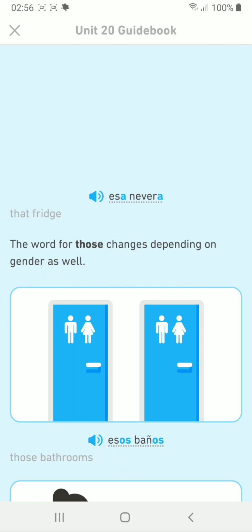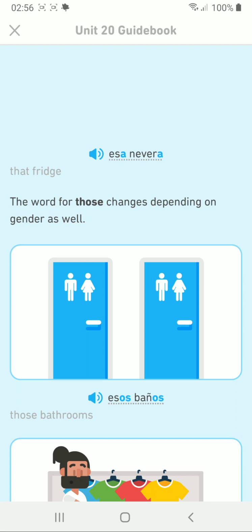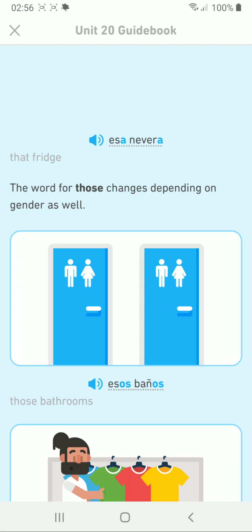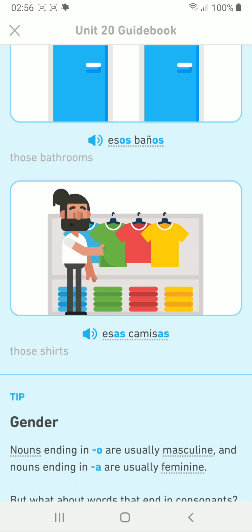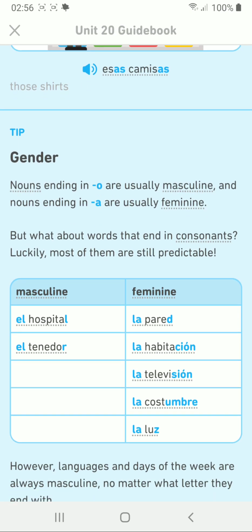Esa nevera is the fridge. Nevera is a fridge. So we can talk about the furniture probably. The word for those changes depending on the gender as well. So esos baños, esas camisas, and the gender.